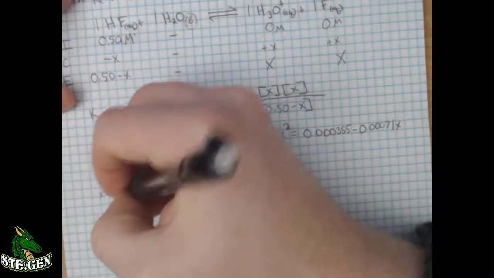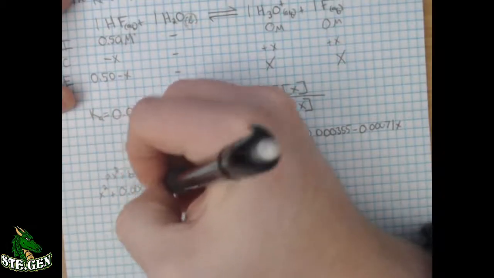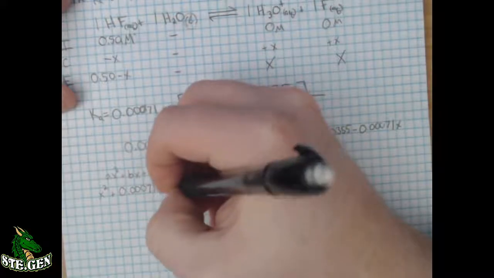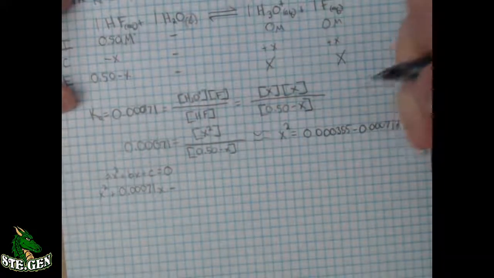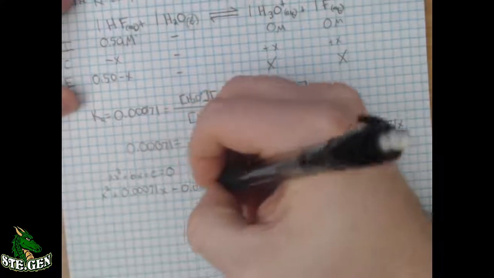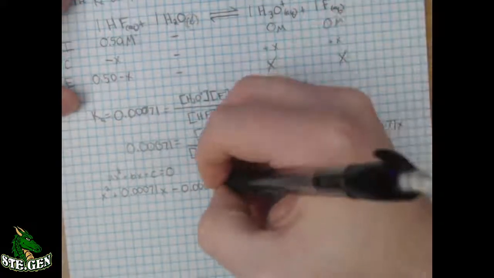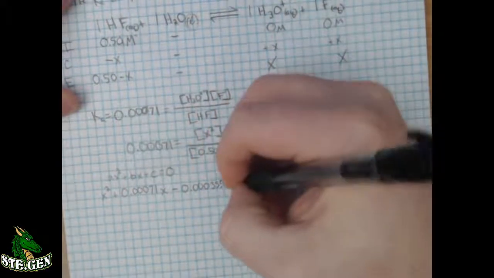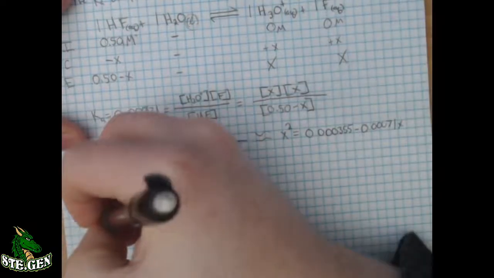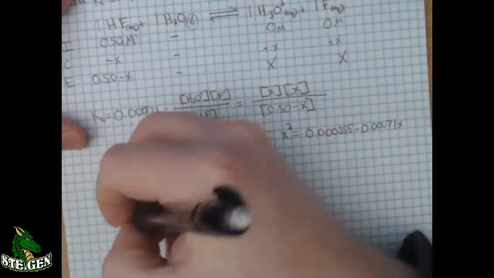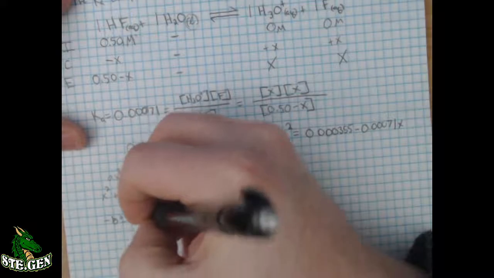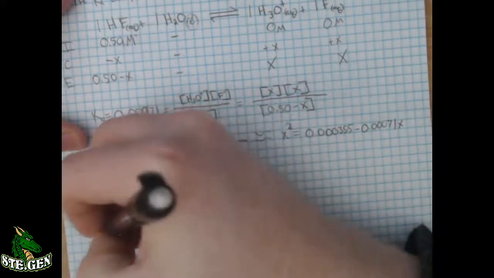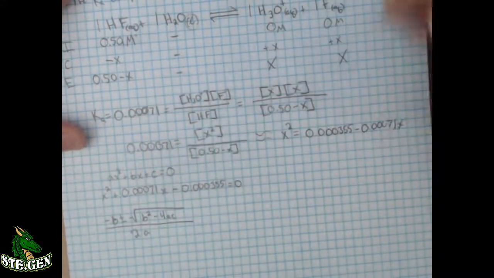So it's going to be plus 0.00071x. And then minus, for our c, is going to be 0.00035. That equals 0. Negative b plus or minus the square root of b squared minus 4ac over 2a.